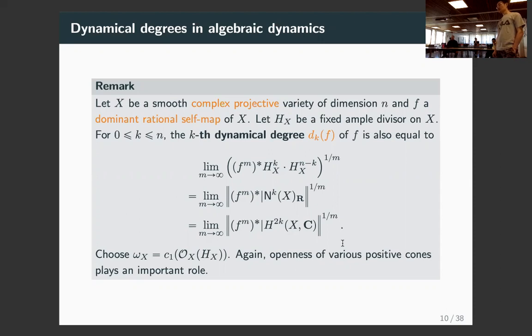The first is the norm on the real vector space of algebraic cycles, and the other one is, as before, just the pullback action on the 2k-th cohomology group. Here again, we need to use the openness of the positive cone. This property is important to deduce these equalities.